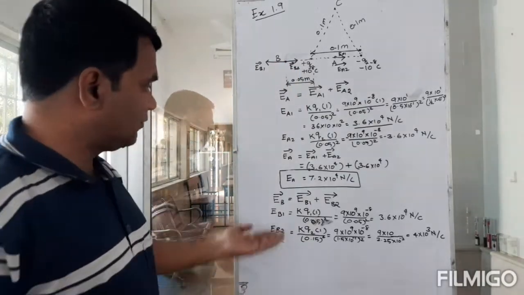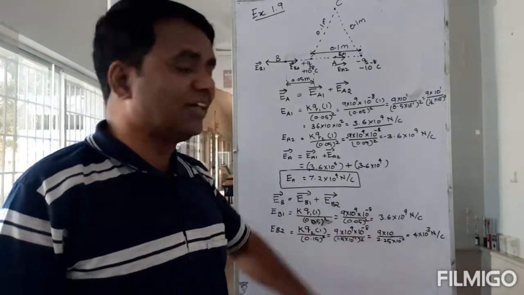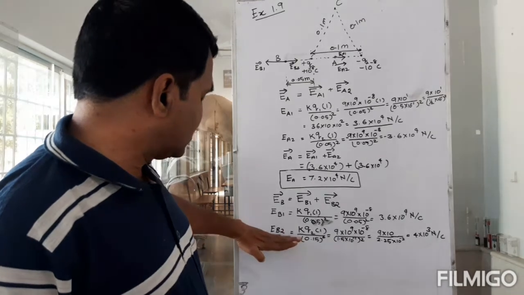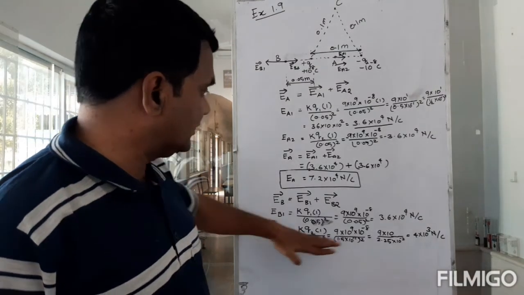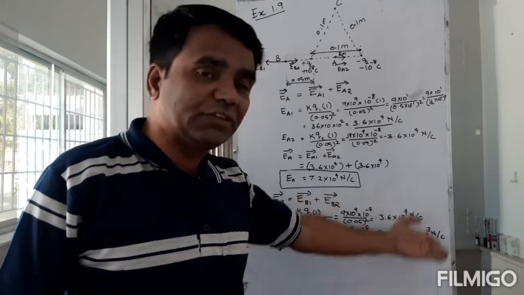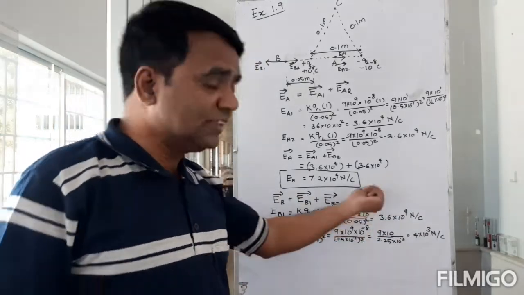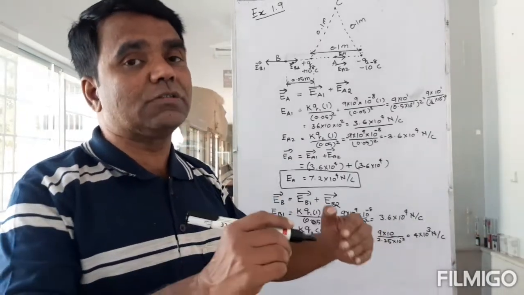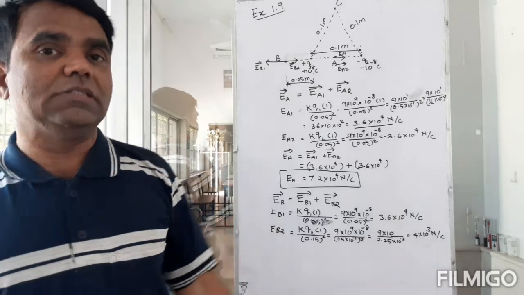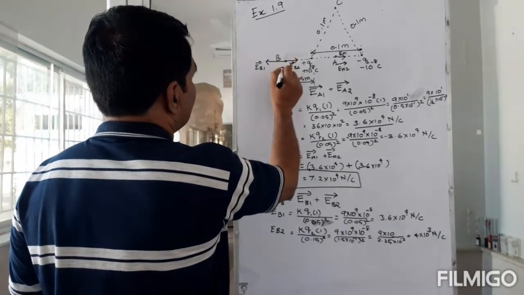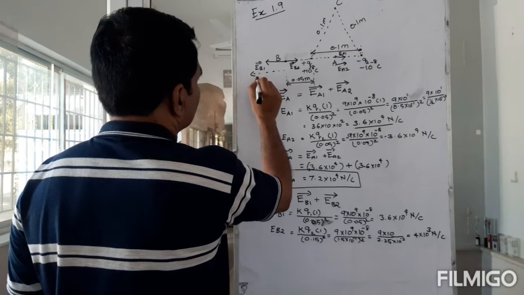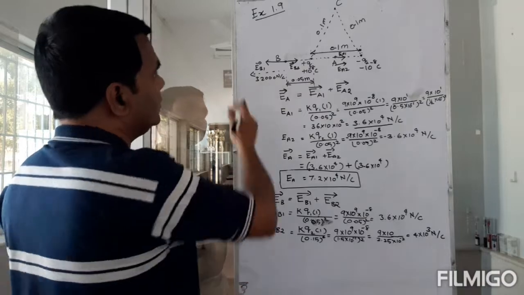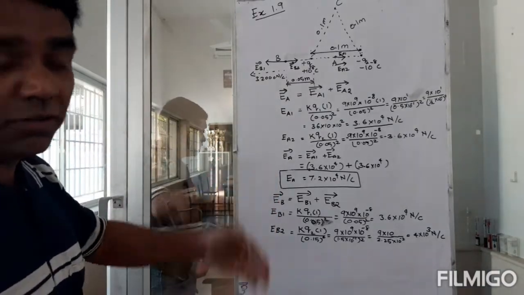Which is greater? Obviously the repulsive force is greater. 3.6 into 10 power 4 is 36,000, and the smaller one, the attractive force, is just 4 into 10 power 3, which is 4,000. So 36,000 minus 4,000 gives 32,000 Newton per Coulomb in this direction, or 3.2 into 10 power 4 Newton per Coulomb.